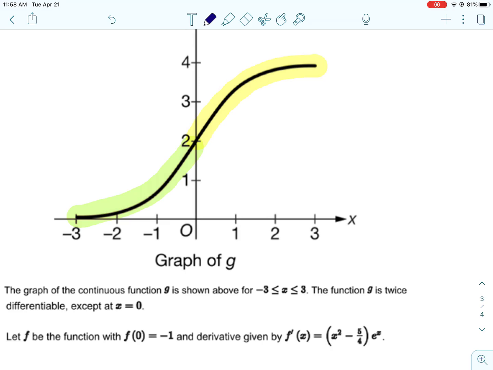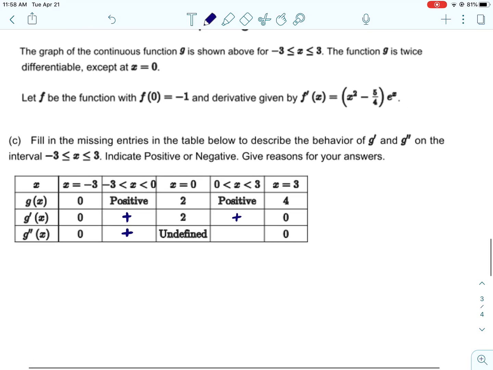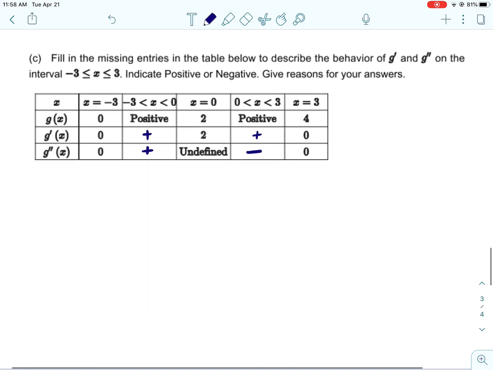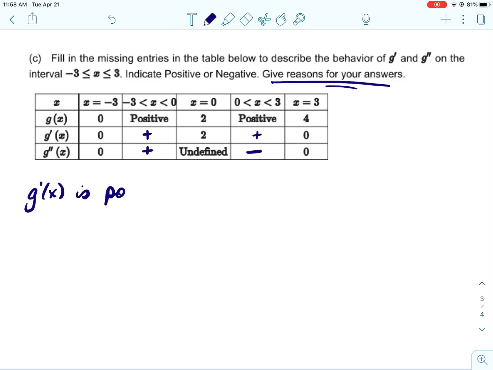So in that green interval, the function is concave up. And when the function is concave up, the second derivative is positive. All right, and then for the yellow section of the graph, the function is concave down, which means that the second derivative of the function is negative.